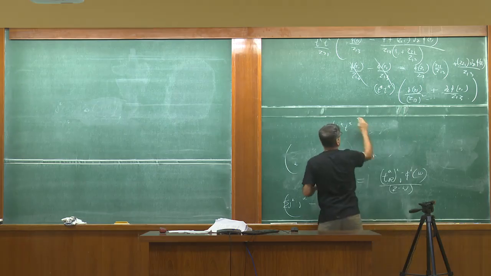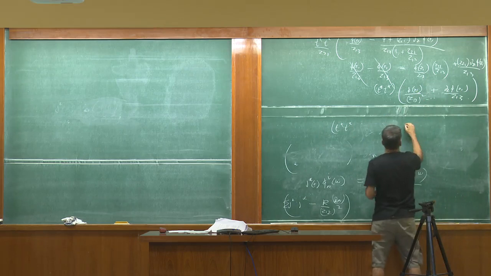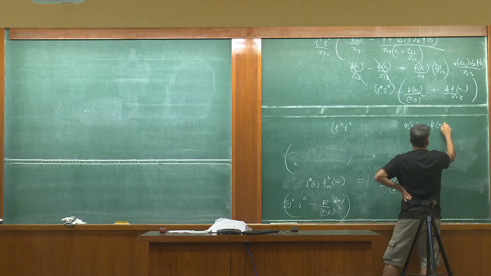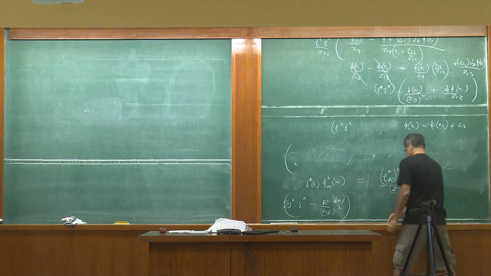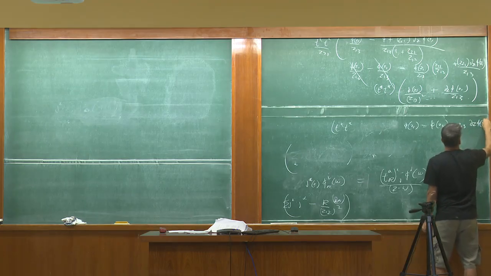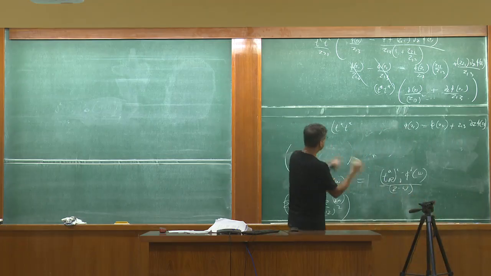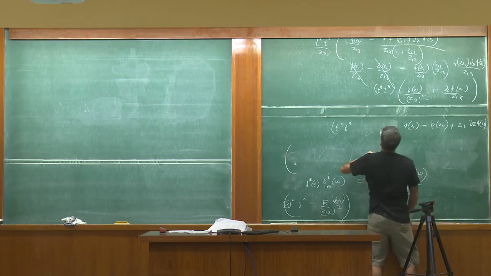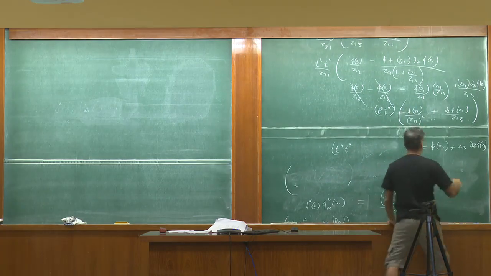Okay, so I now am going to write this in terms of Z3. So I'll write phi Z1 equal to phi Z3 plus Z13 del z phi z1 z3. Okay, was this with a minus? Yeah. Okay.